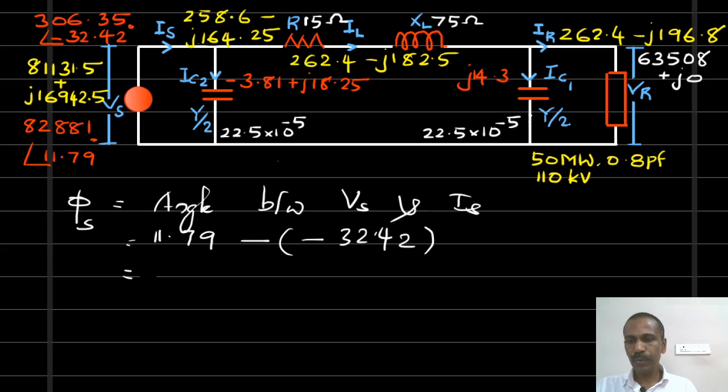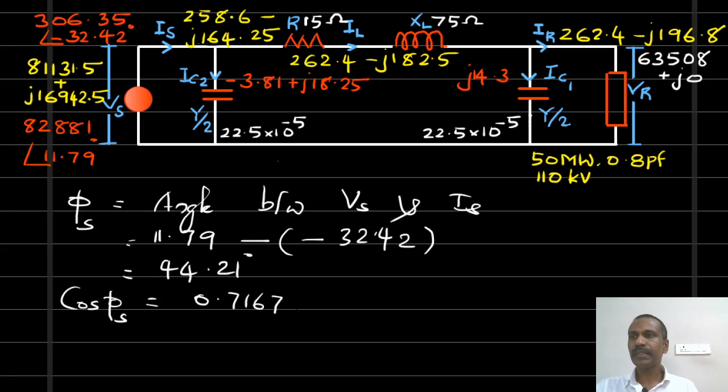So this is equal to 44.21 degrees. So sending end power factor cos phi s equals 0.7167 lagging.